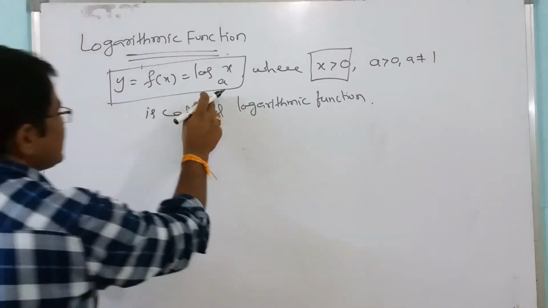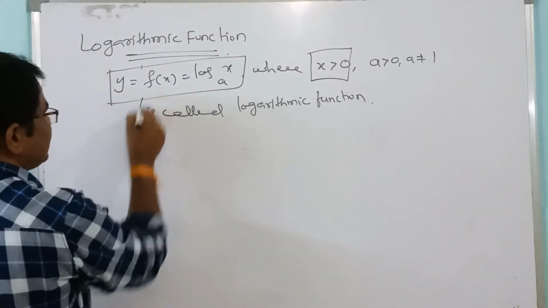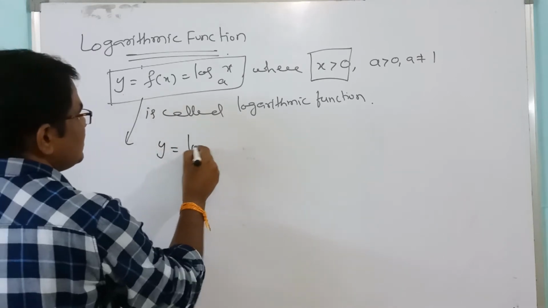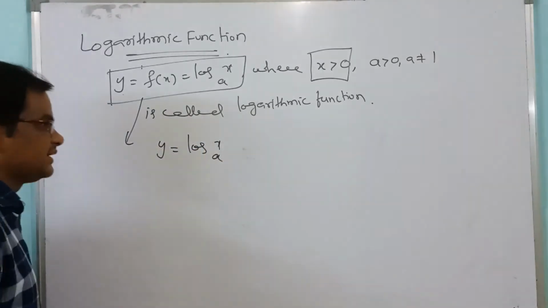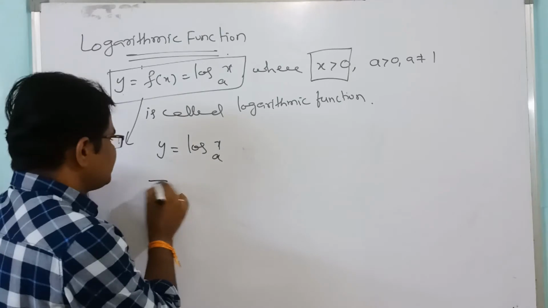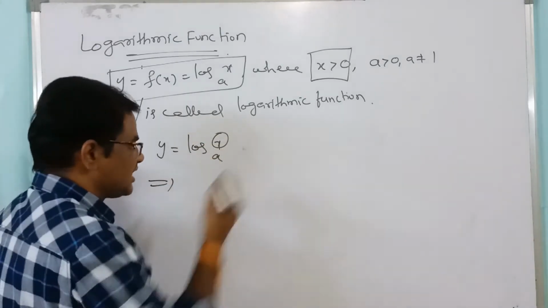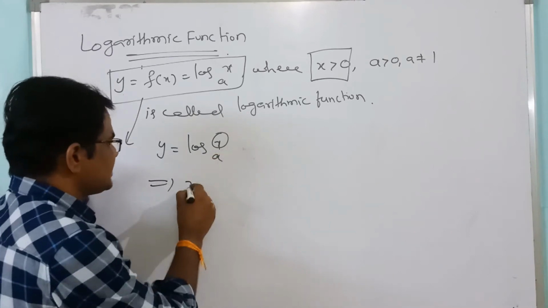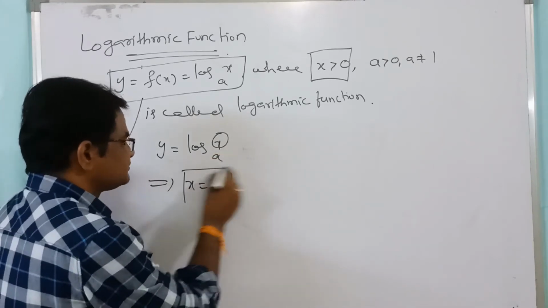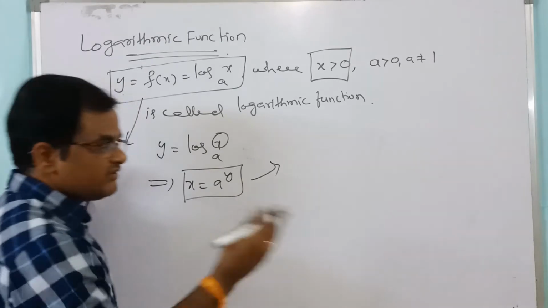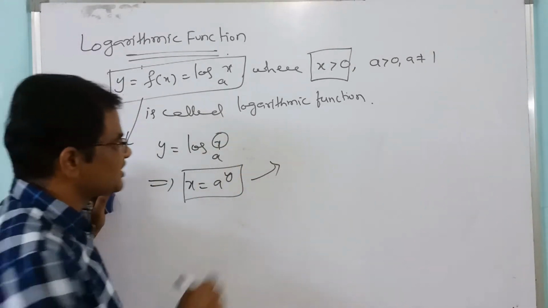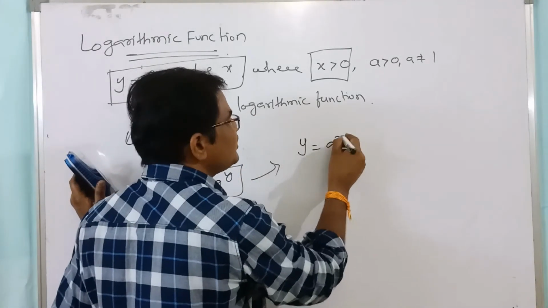Now see here, you take y equal to log x to the base a. From this, by the definition of logarithms we already learned, x can be written as x equal to a power y. But the exponential function, how did you define it? y equal to a power x.